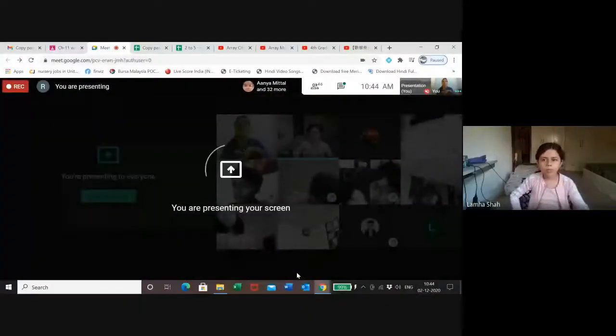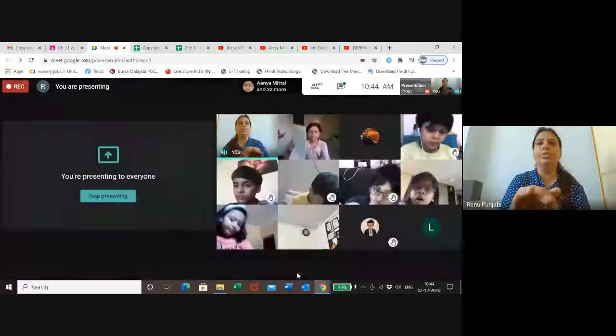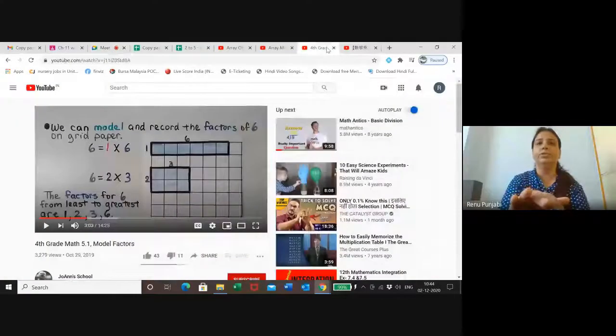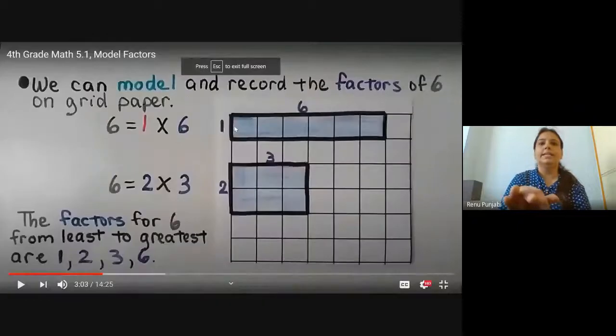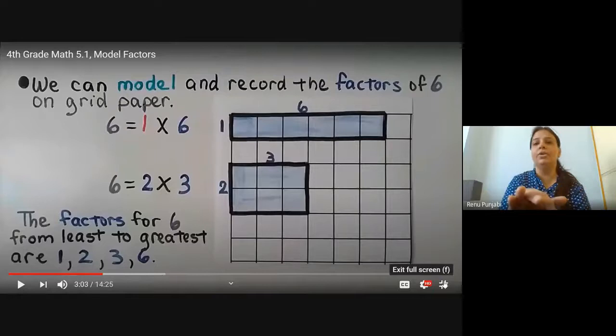We were doing that 6. What are the different ways of writing the 6 and arranging them in rows and columns? 1 into 6, 2 into 3, 3 into 2. This is the way we are doing, right?